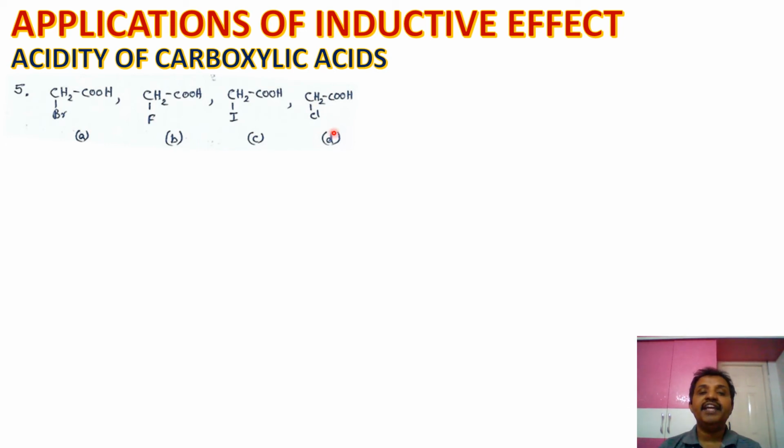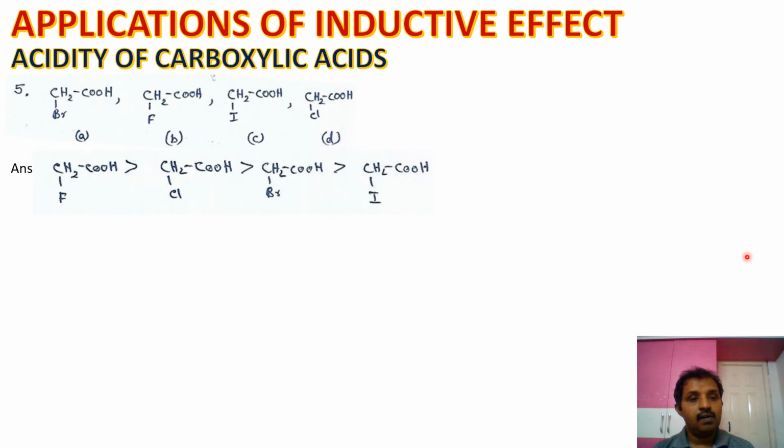Then comes chlorine, then bromine, then iodine. So the correct order will be B, D, A, C. This is the decreasing order.